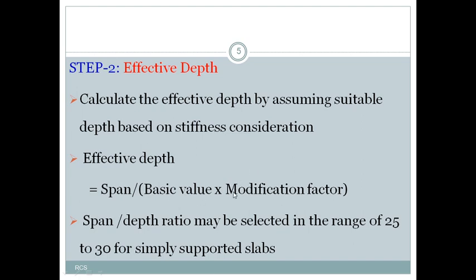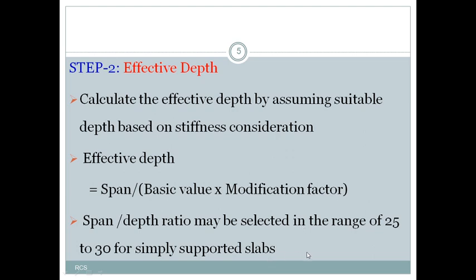When we discuss the check against deflection, we can check whether this modification factor is sufficient or not. You can follow either this point or that point: the first is span by basic value into modification factor, from which you take the effective depth, or you can assume the span to depth ratio in the range of 25 to 30 for a simply supported beam.